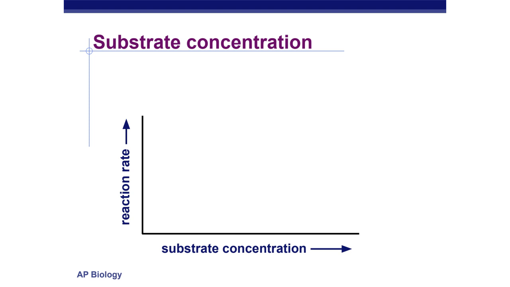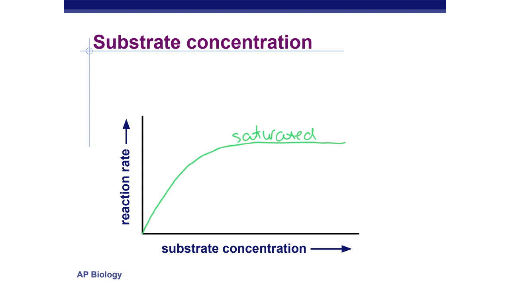Okay, I add more substrate. So again, my reaction will start to speed up, but eventually it's going to level off. It's going to become what we call saturated, where it doesn't matter if I keep adding more substrate, the enzyme is all busy.